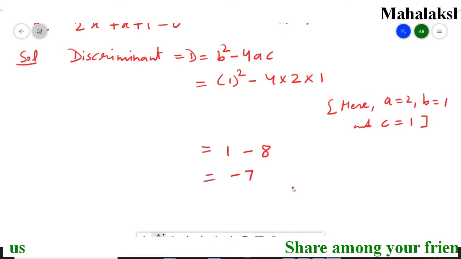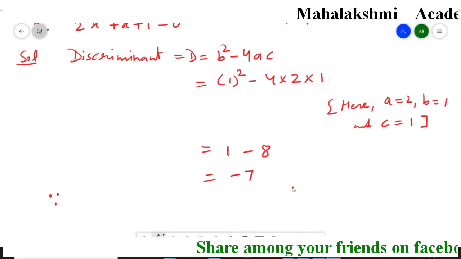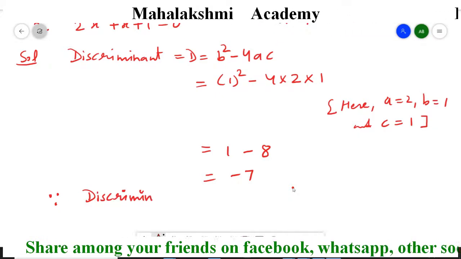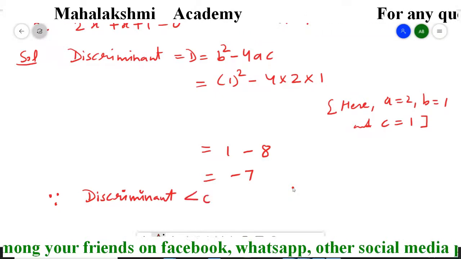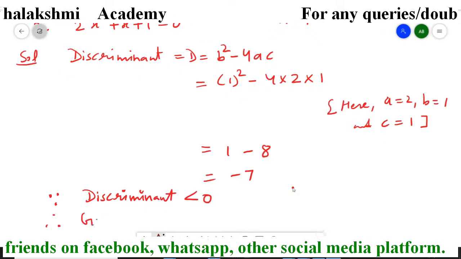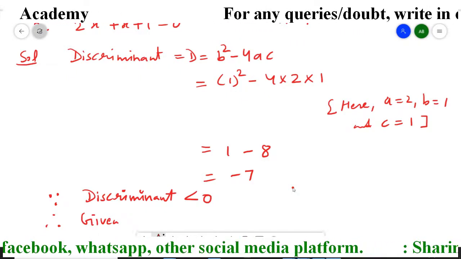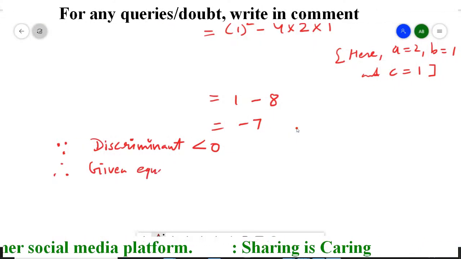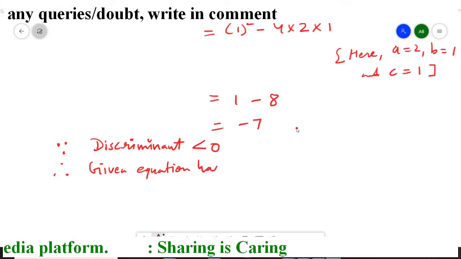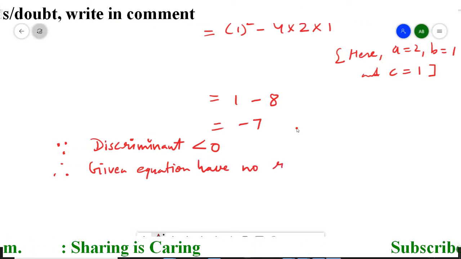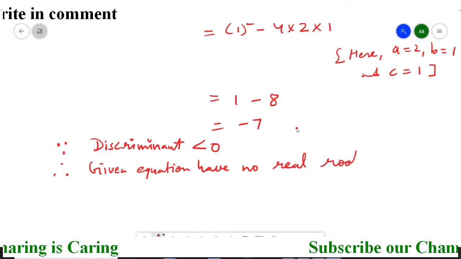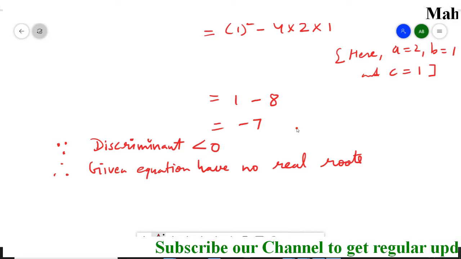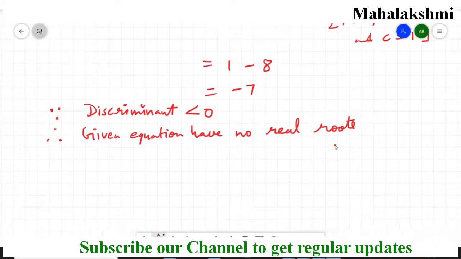So we write here: since the discriminant is less than 0, the given equation has no real roots.